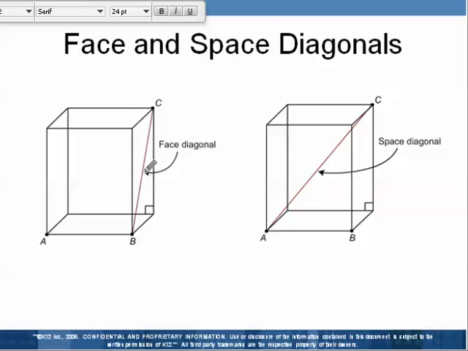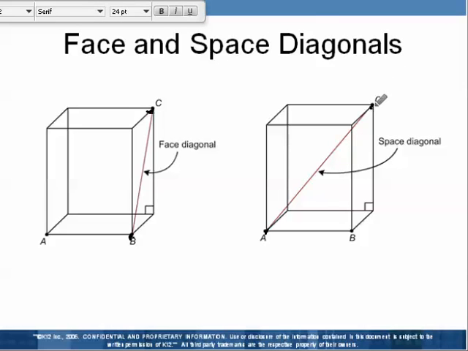Okay? So when we're looking at face diagonals and space diagonals, the difference there. A diagonal that is on a face of an object here, connecting B and C, that would be a face diagonal. Now the way you would find that would be using the Pythagorean theorem, or the distance formula between 2 points, between B and C. A space diagonal, one that's going from A to C here, is not on any particular face.